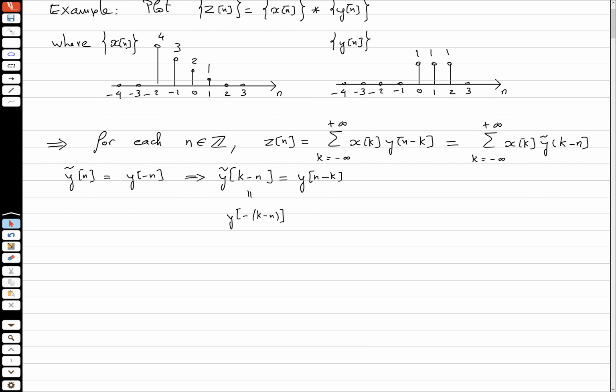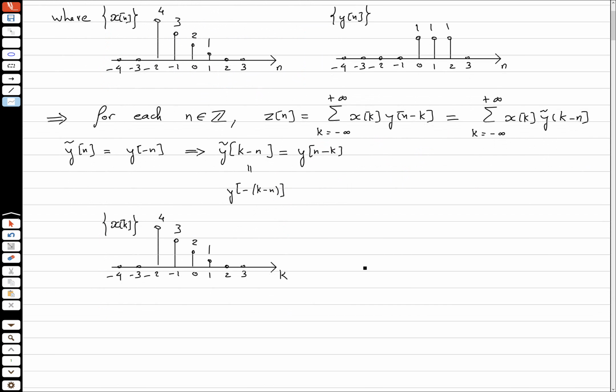That will be clear after I rename my index. I'm going to rename my index as k. Am I allowed to do that? Yeah. You are allowed to call your index anything, provided that you are consistent between this and that.